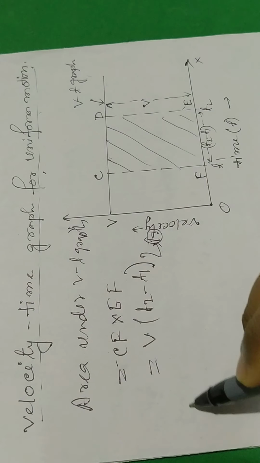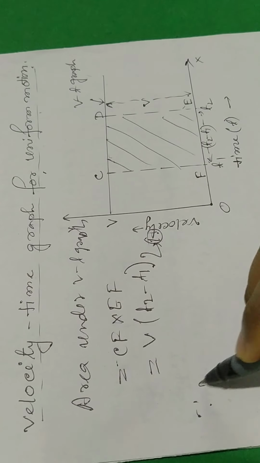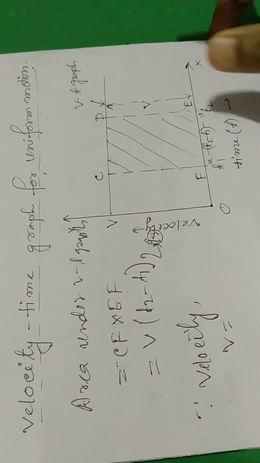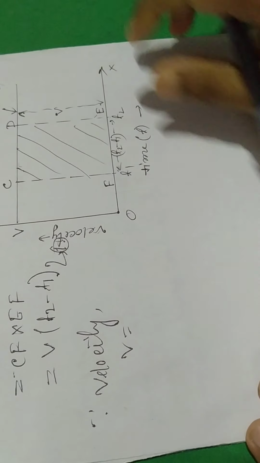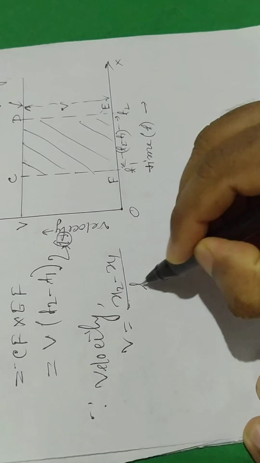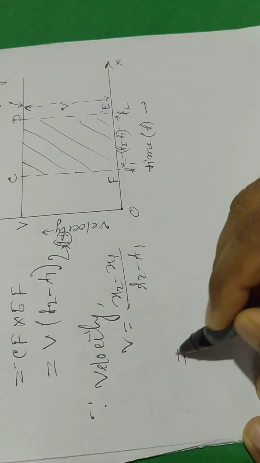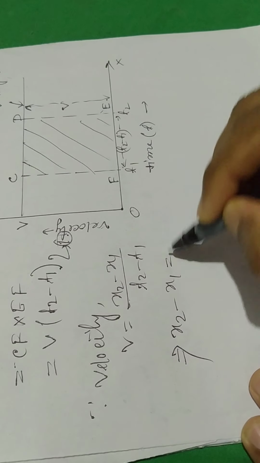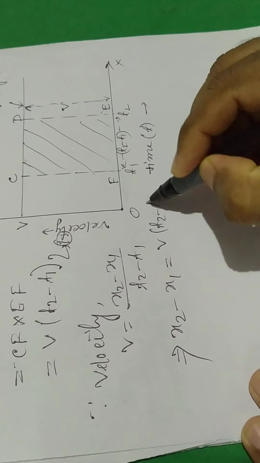Since velocity v equals (x2 minus x1) divided by (t2 minus t1), therefore x2 minus x1 equals v times (t2 minus t1).